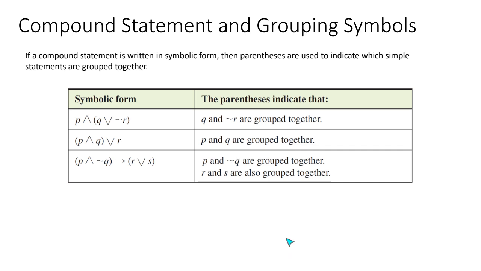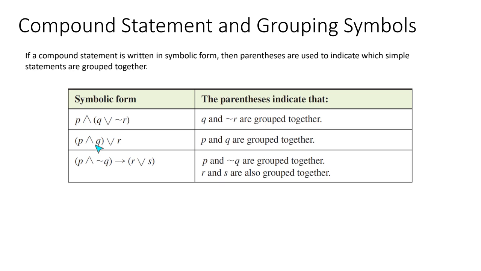So now we have more statements and we see parentheses in there. Parentheses will help us to figure out what is grouped together. For example, the first one we have P, then the conjunction, then a parenthesis, and then we have Q, disjunction, negation R. So the parentheses here are telling us that we're going to group Q and the negation of R together.